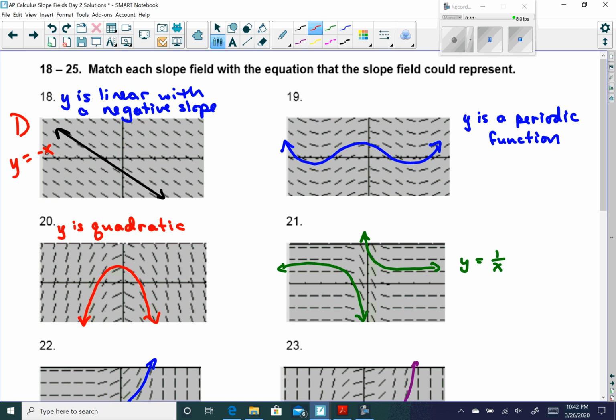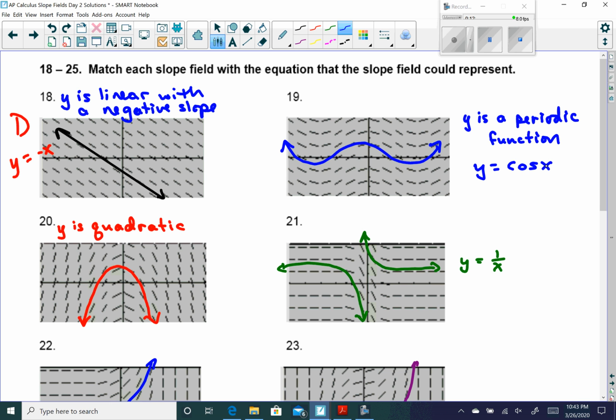For 19, y is a periodic function. So if we look at our choices here, we have either G or H. And based on where this is right up here, we're looking at y equals cosine x, because we know y equals sine x will go through the origin.